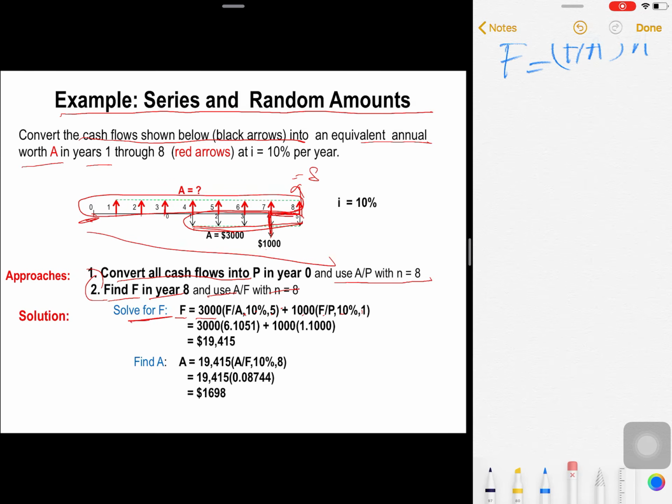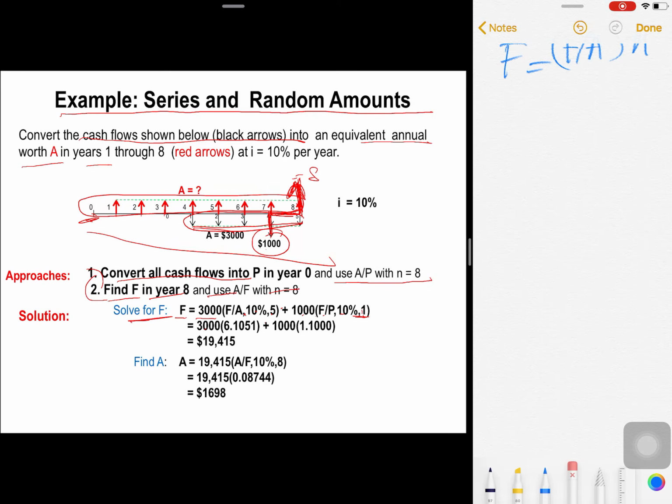Why is it 1? Because between 7 and 8, there's only one period, the point of reference you use for F. Because n over here is only 5, you use this as your point of reference. So n for F of P of $1,000 is actually n equals to 1.